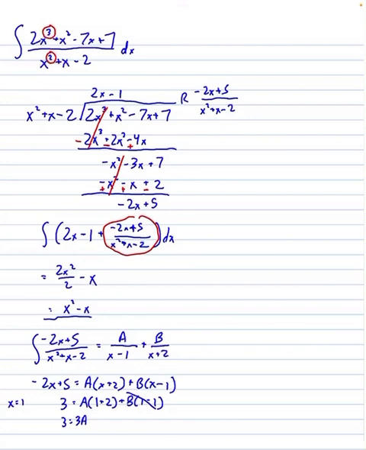And over on this side, we're going to have x is equal to negative 2. Negative 2 times negative 2 plus 5, that is 9. We put a negative 2 in everywhere. So that gives us a 9 and a negative 3b. Simplifying, 1 is equal to a, and negative 3 is equal to b.